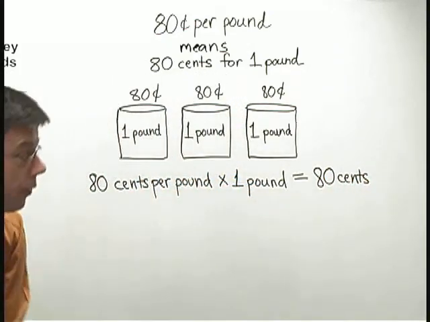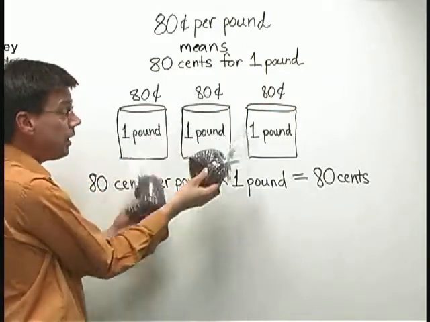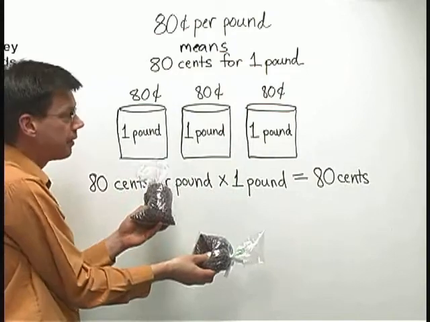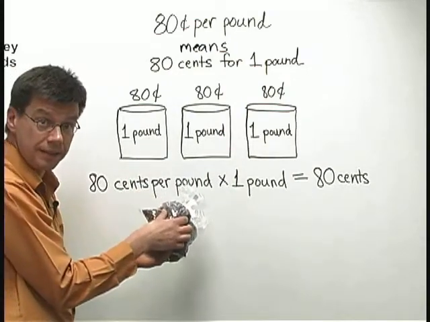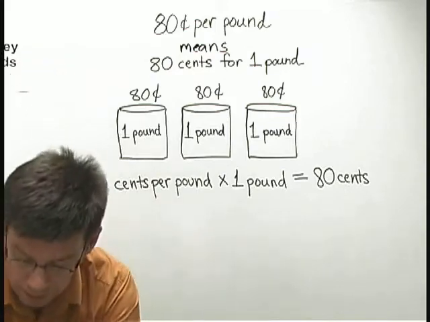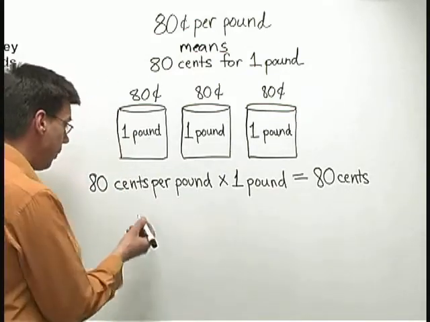Now, if we were to buy 2 pounds of beans, each pound is 80 cents. 80 and 80 is 160 cents. Let's represent that idea using the rate.